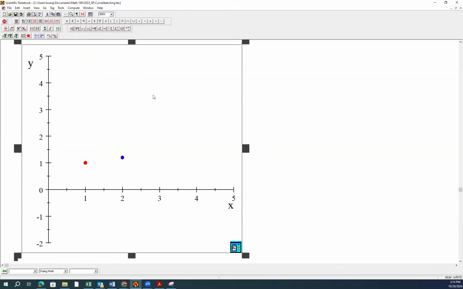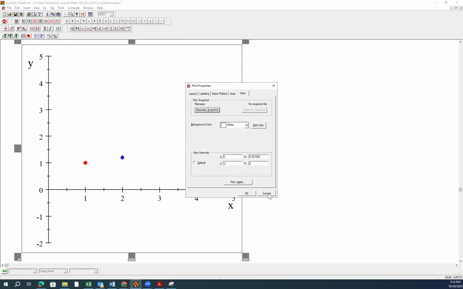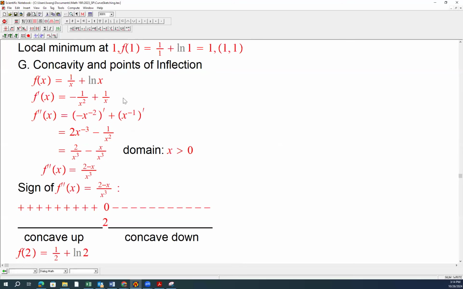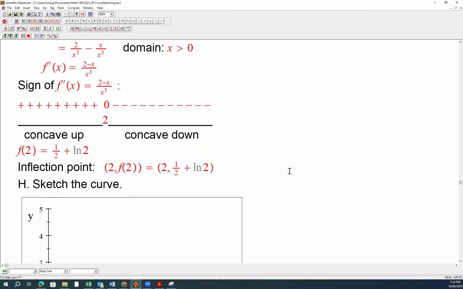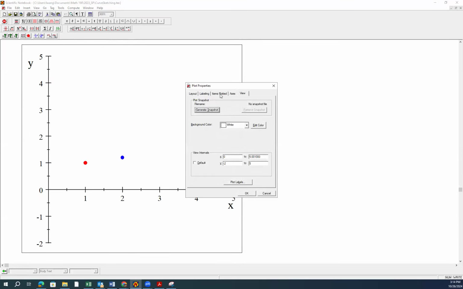So we combine this information. In this direction it's coming down, and there's a change of concavity: concave up and then concave down, something like that. So that's a sketch. Of course, we would get a perfect picture if we use software to plot it, so I'm going to finish with that last step.